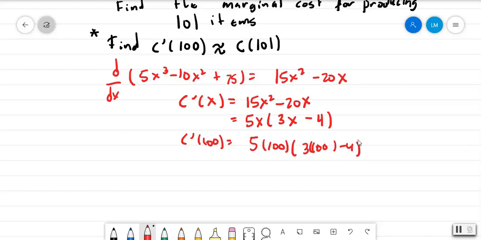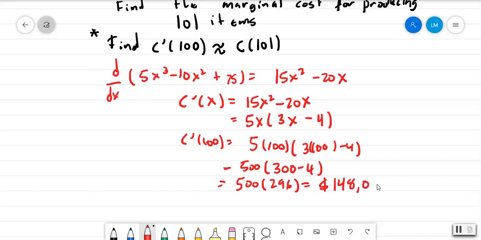So in this case, this is going to be 500 multiplied by 300 minus 4, which is 296 or something. So then we can just subtract 4 from 300 and then multiply. So we said that it's 500 times 296, and then that's going to give us 148,000.